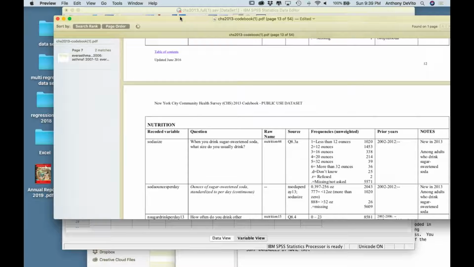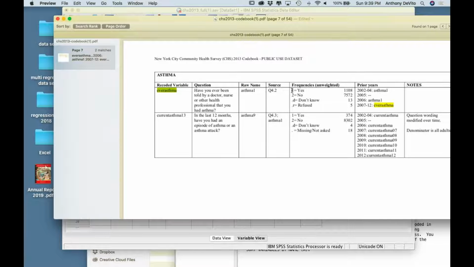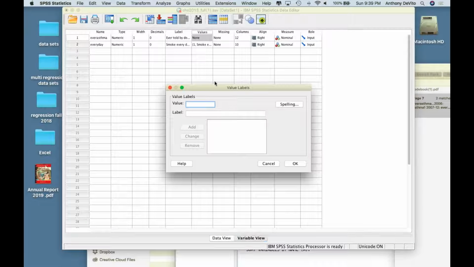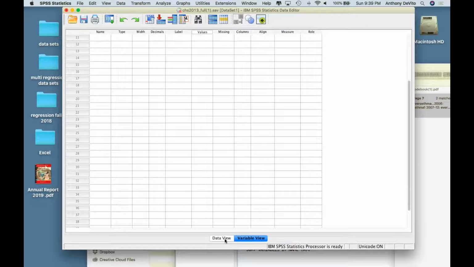This is the kind of thing you could do on your own when you're choosing which variables to work with for your project. 1 is yes, asthma, and 2 is no asthma.